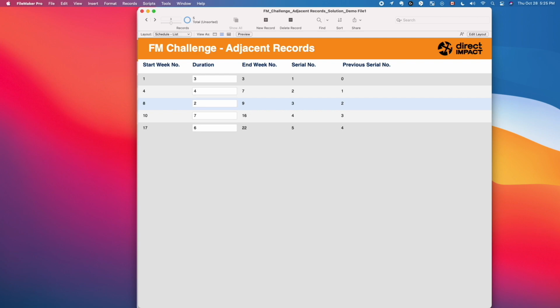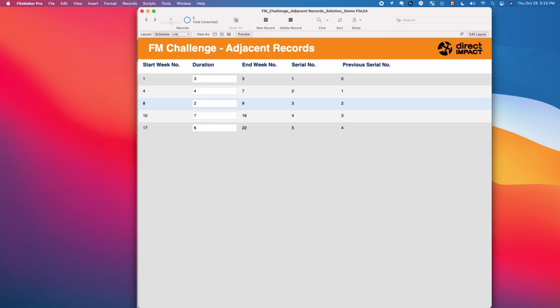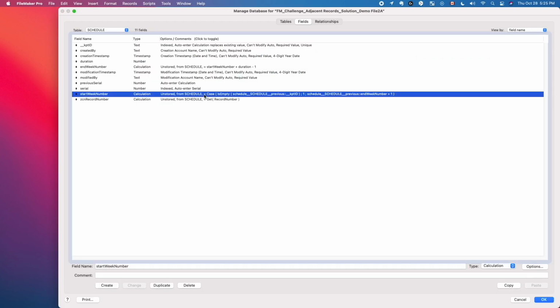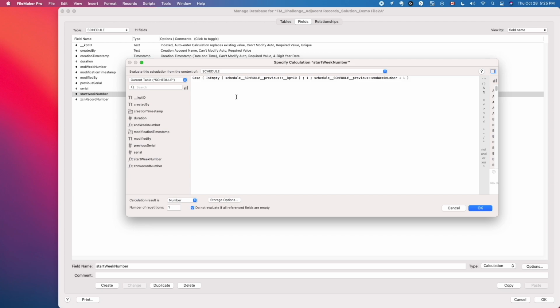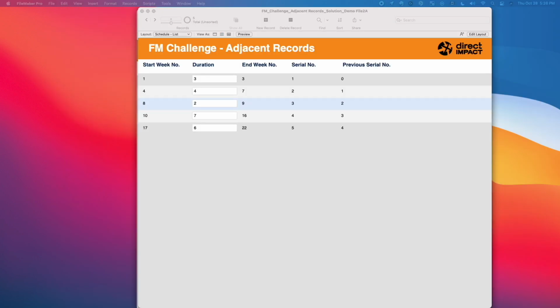The second solution was sent to me by multiple developers. So shout out to Jeremiah, Matt, and Marcel for being the first ones sending me this solution. This solution replaces the getRecordNumber function with an isEmpty or a NotIsValid function, which bypasses the issue with the getRecordNumber problem.